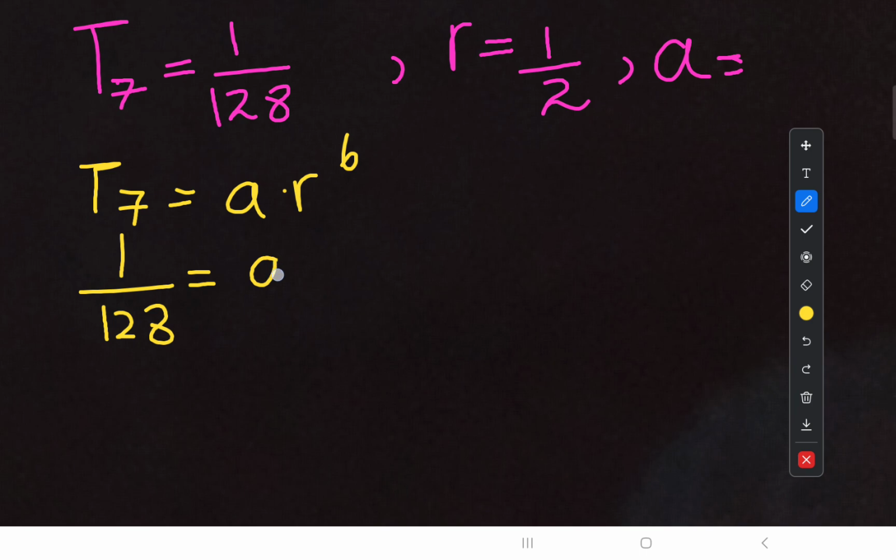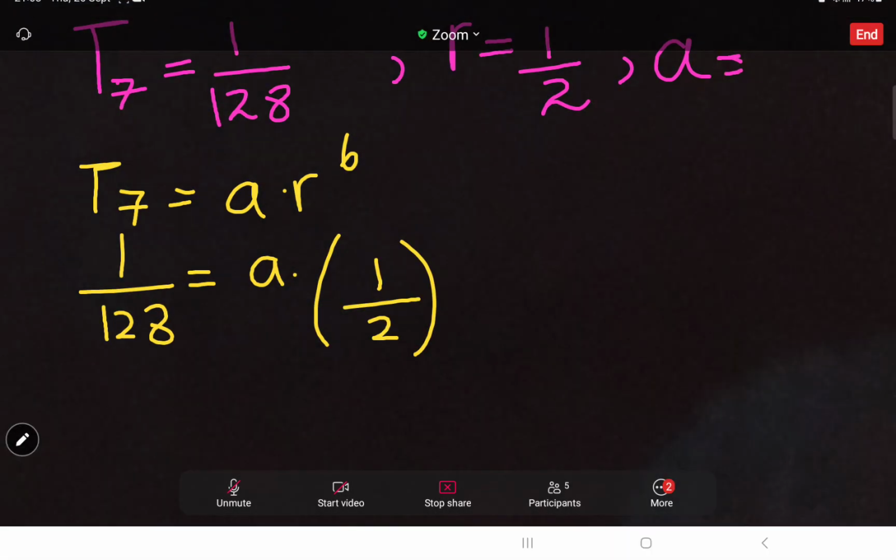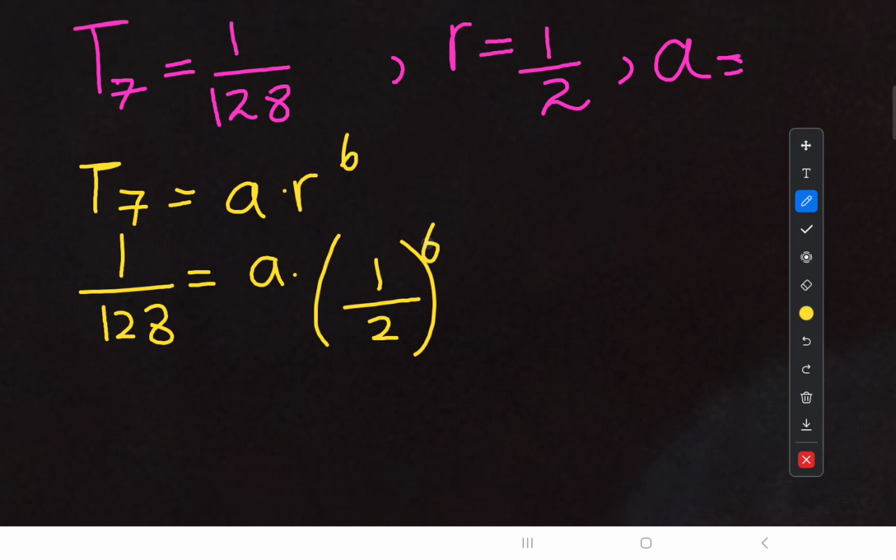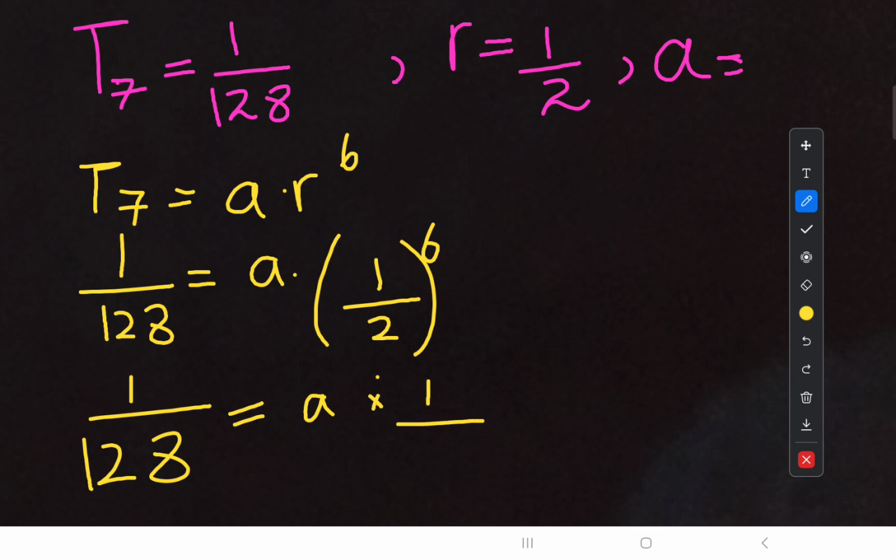We have to find our a. r is 1 upon 2 to the power of 6. Here I'll write 1 upon 128 equals a times 1 to the power of 6 over 2 to the power of 6. For 1, if we put any power, that should be 1.